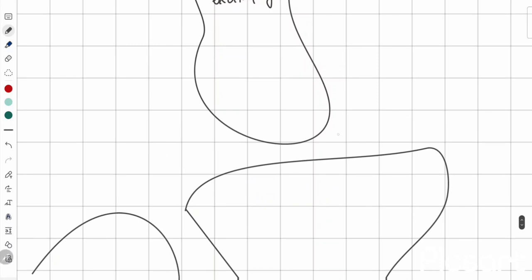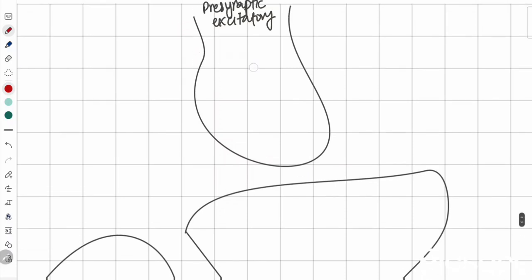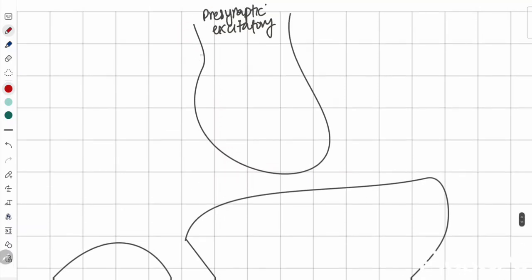This is the synapse right here, and this is the synaptic cleft. First, through the presynaptic excitatory neuron, we receive a little action potential.